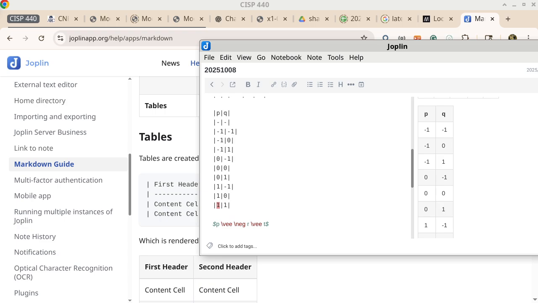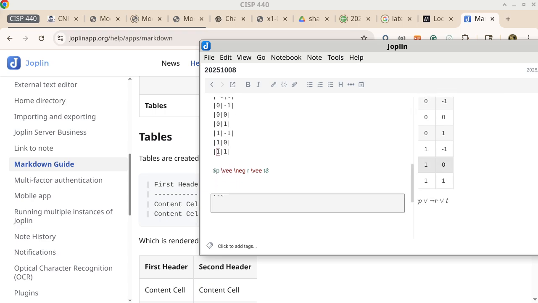All right, so let's take a look at the table. Okay, the last three rows of the table. This one is basically saying we have P or not Q. P by itself, not negated. P or Q. Are we doing okay so far? So how many rows did I end up with? 9 rows.